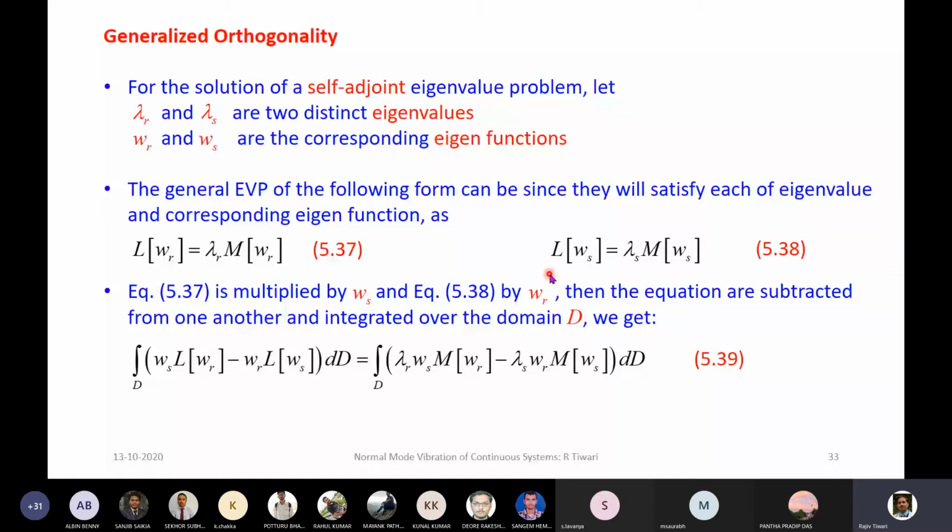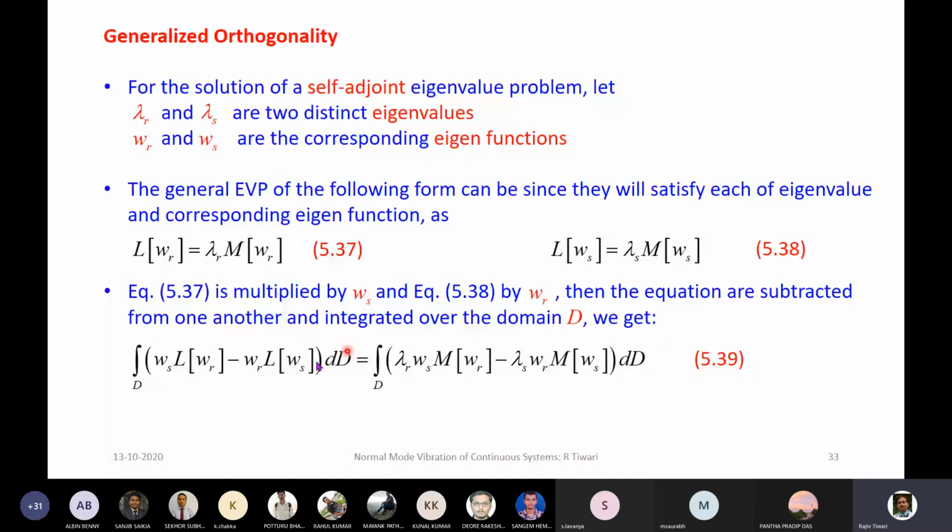So you can see we multiplied this by this, and then we are subtracting one from another. So if we multiply this by WR, WS, throughout, integrate it, subtract the first term of this and first term of this is in the left side. So WS, LWR, this one, minus, because we subtracted this, WR into LWS.